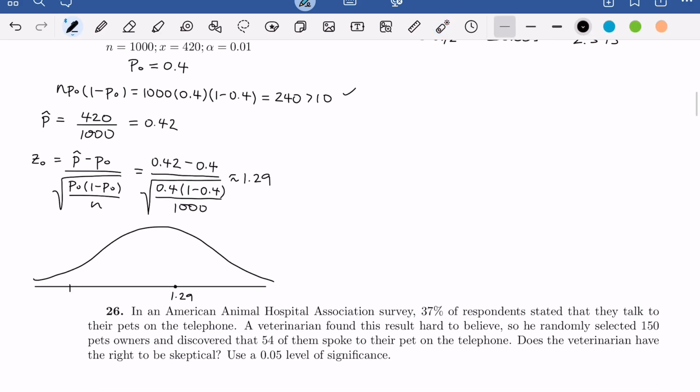So that'll be somewhere around here. And then our positive version may be somewhere around here. So the area under the curve here and here, I'll put this in blue, is going to be our critical region.